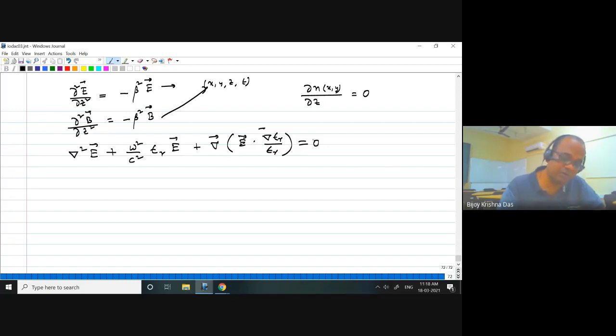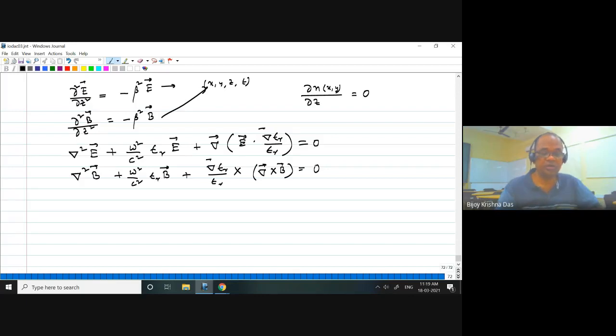That is the vector wave equation for the electric field. And another vector wave equation: del squared B plus omega square by c square epsilon r B plus del epsilon r cross curl of B. So the second equation only involves the magnetic field, and the first equation only involves the electric field. Let us define this as equation number 1 and this as equation number 2.